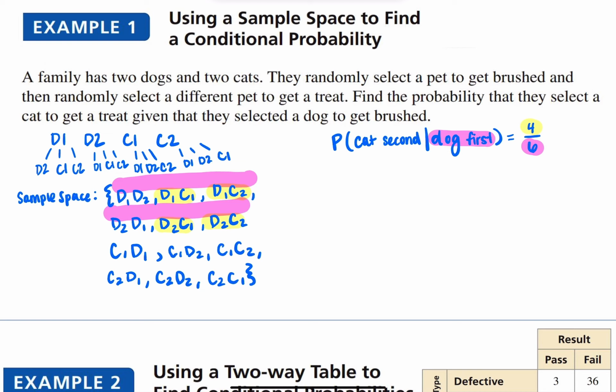So we only care about the total number of outcomes where the dog is chosen first. Okay, and then we simplify just like before, so divide by 2. That's going to be 2 over 3, or if we want to write it as a decimal, 0.667, or about 66.7%.